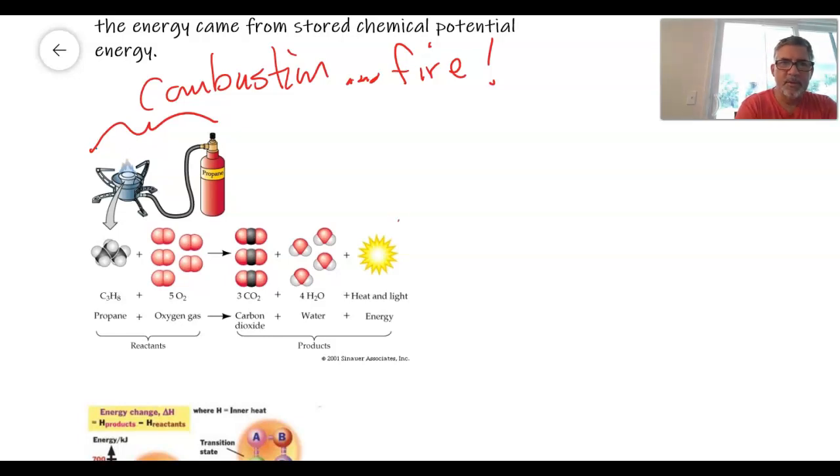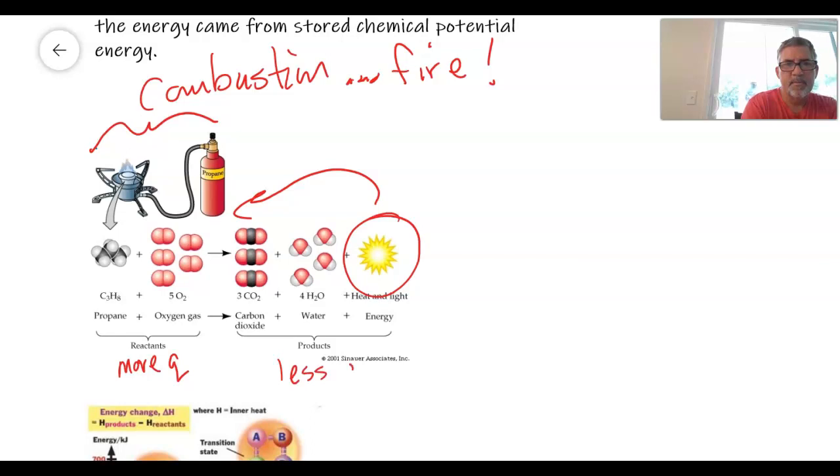So the question is, where did this come from? This energy came from the reactants, right? So reactants, more energy, and this is less energy. Okay, so the Q of the reactants is greater than the Q of the products. That's another way to say it.